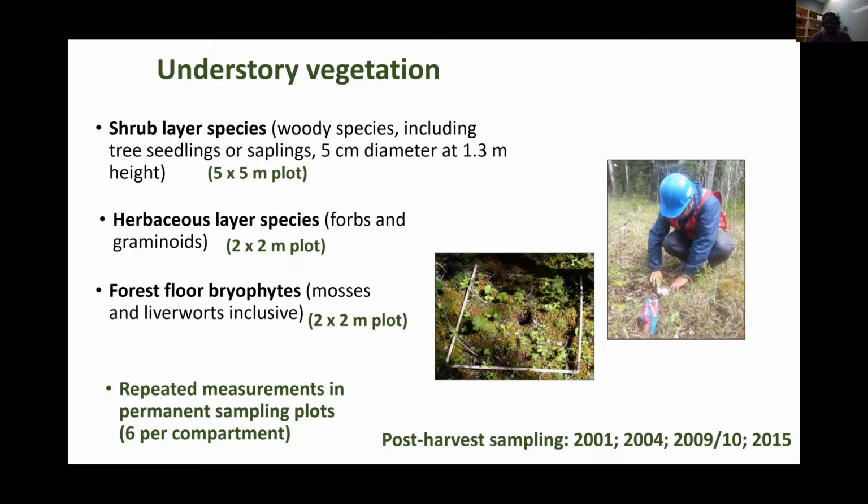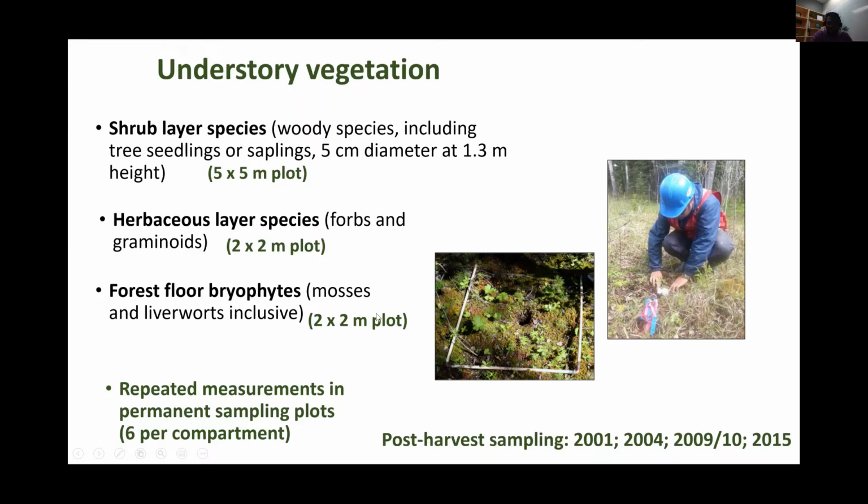For tree species, I considered less than 5 centimeters diameter at 1.3 meters height. Most people consider the understory below 2 meters, others go as far as 5 meters, but I consider 1.3 meters height, less than 5 centimeters, for shrub layer species. And the herbaceous layer species include forbs, graminoids, and the forest floor counterparts, bryophytes and lichens.